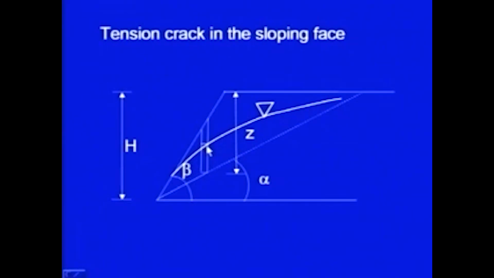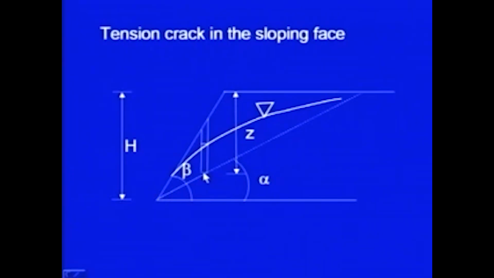In the tension crack, this depth will be Z W, and again you can find out what will be the pressure which will be acting on this face. You can also find out using the same principle as we discussed in the previous case, that here also the pressure distribution diagram can be taken triangular.